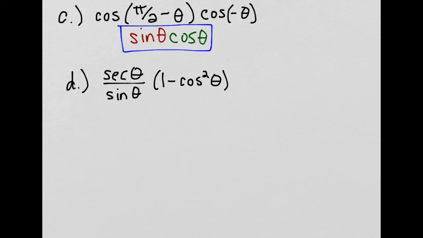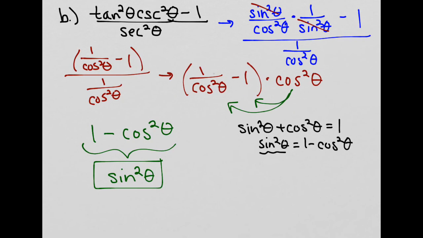Alright, on the next one, again, we want to rewrite these in terms of sines and cosines. So secant is the same thing as 1 over cosine, and then that's being divided by sine. And here, this looks really similar to what we did over here, where we found that sine squared equals 1 minus cosine squared.